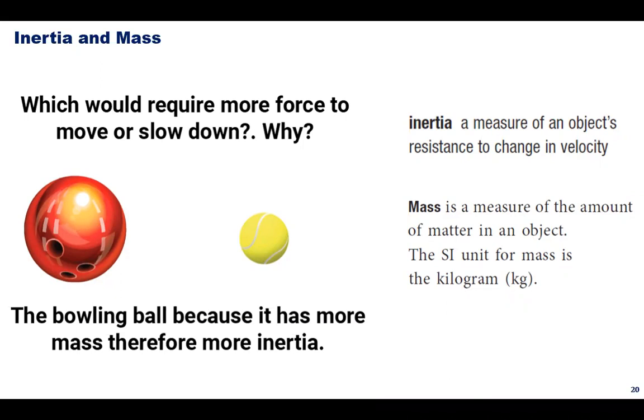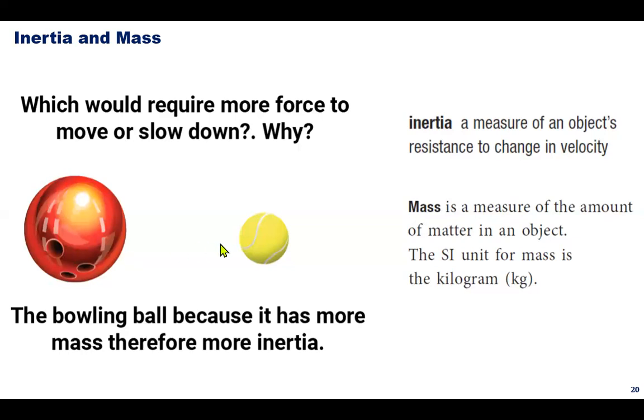If you hit each one with an equal force, the heavier ball, which is a basketball, changes its motion less than the lighter ball, which is a volleyball. Inertia is directly proportional to the mass of the object, where mass is a measure of the amount of matter in an object.